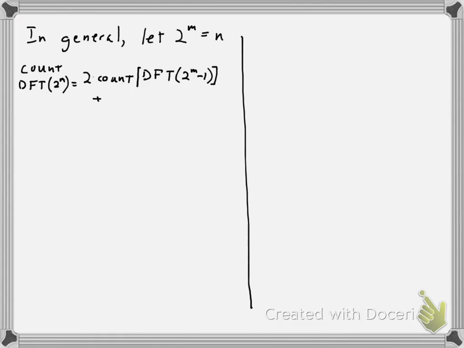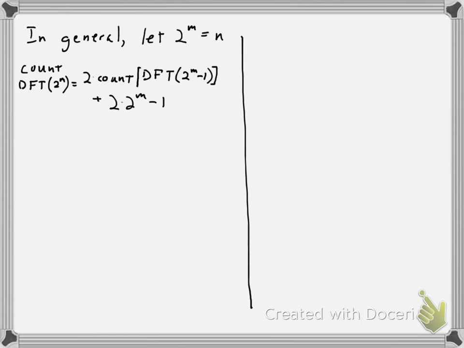If you recall, in the case of a 4x4, we did 3 multiplications and 4 additions, and if we generalize that, it would be 2 times n minus 1, or in this case 2 times 2 to the m minus 1. Now we can inductively argue that for the DFT of a matrix of size 2 to the m minus 1, we can substitute in.